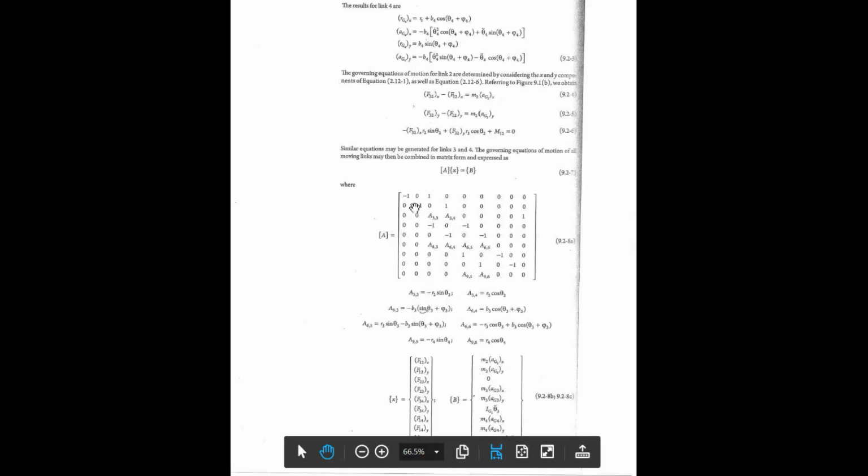So how you would read this is: minus F12x plus 0 times F12y plus F23x, and then a bunch of zeros, and that's going to be equal to M2Ag2x.